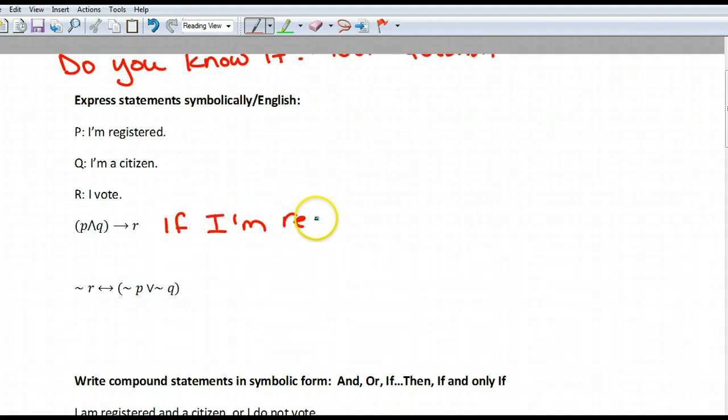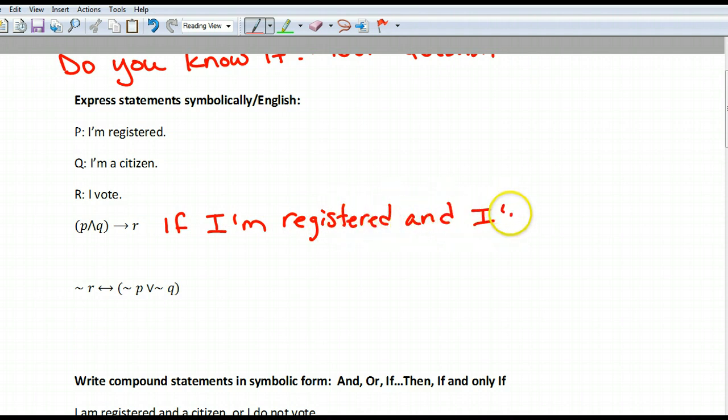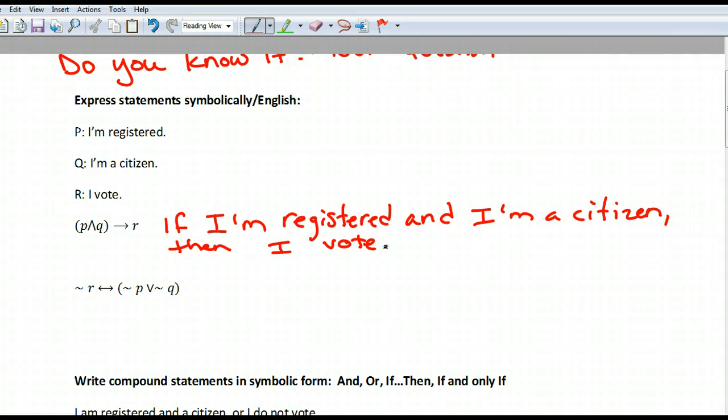If I'm registered as a citizen, then I vote. Very good. If I'm registered and I'm a citizen, comma, because there is a parenthesis there, then I vote. All right. The next one.